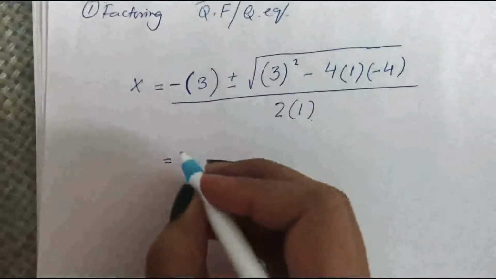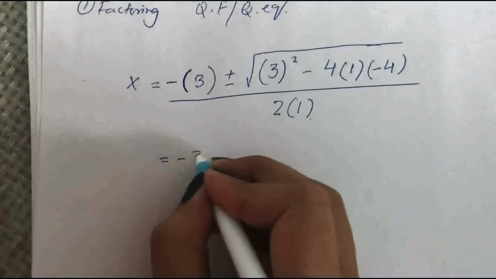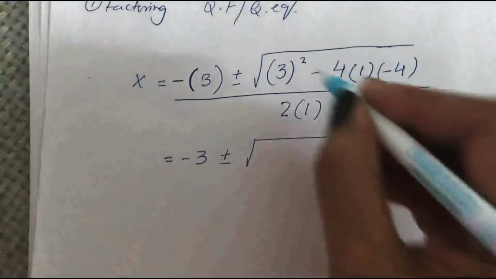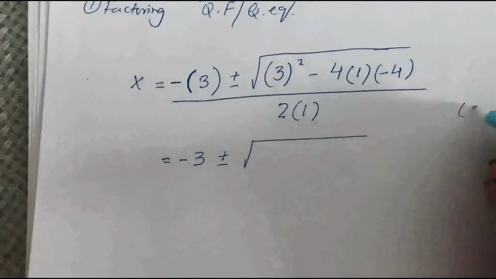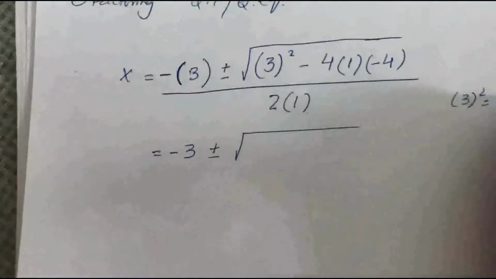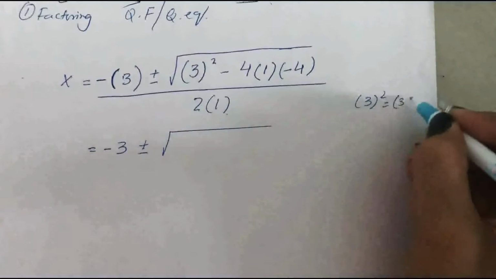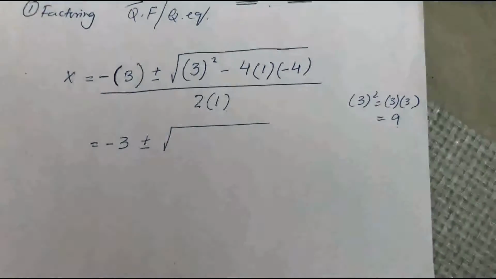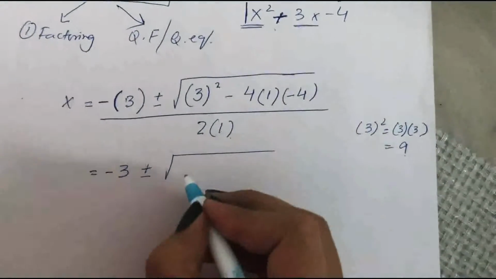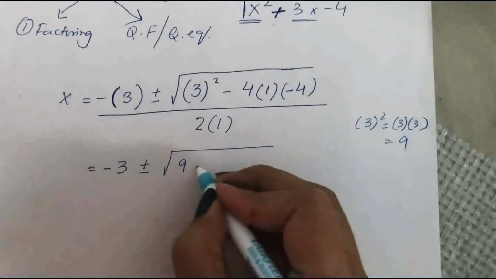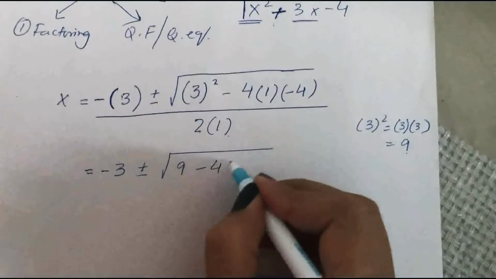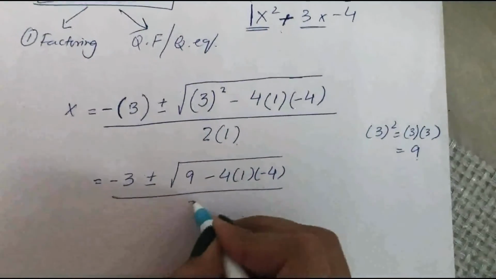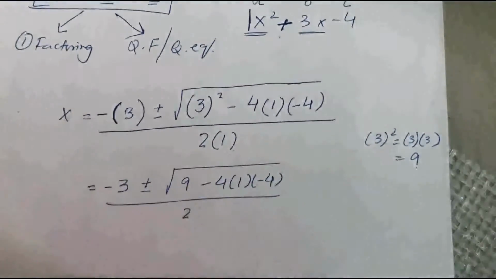Now we can remove the parentheses. So we can just put minus 3 plus minus the square root of 3 squared, which basically means 3 times 3. 3 times 3 is 9. Minus 4 times 1 times negative 4, all of this divided by 2 times 1, which is 2.